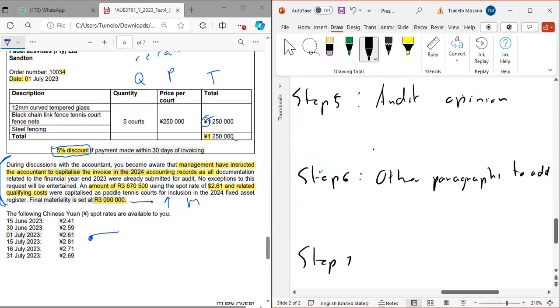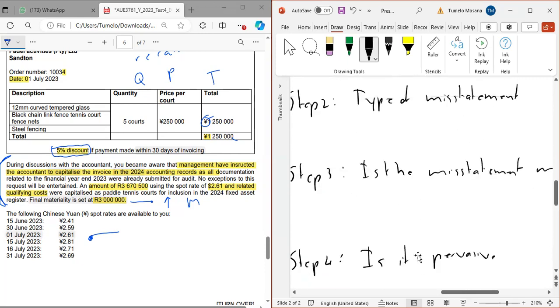The step seven, right? Is there a reportable irregularity? I don't want you to focus much on this because this is normally asked as a separate question, the seventh step, right?